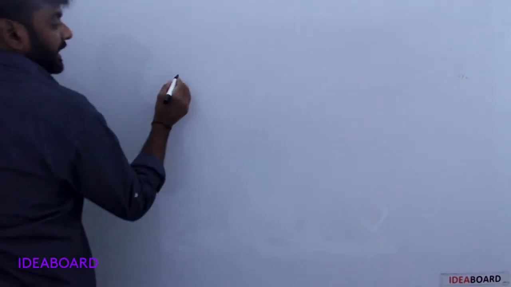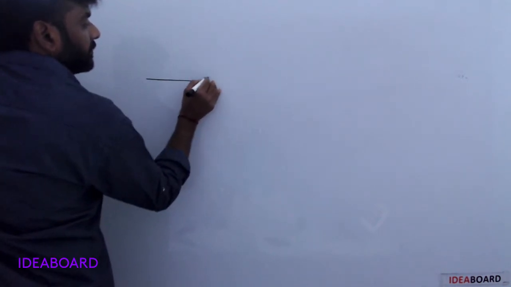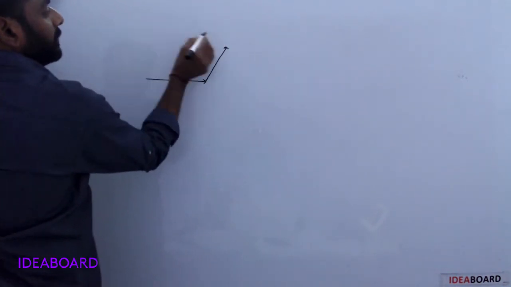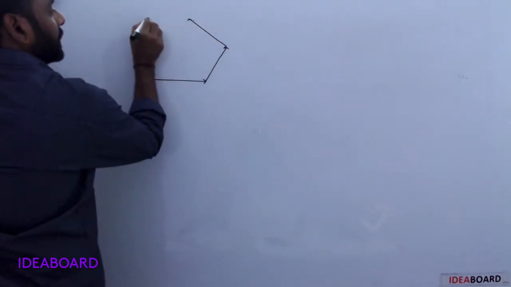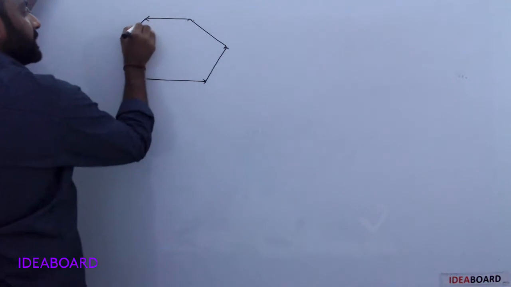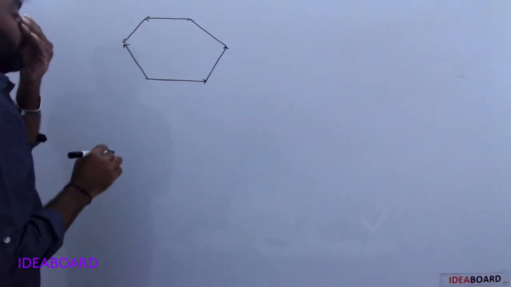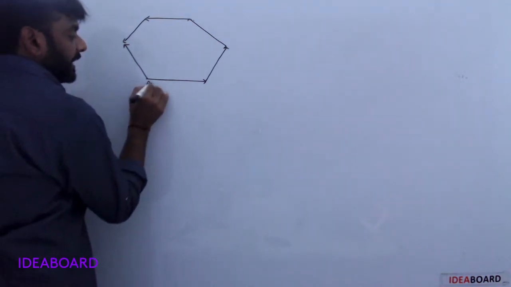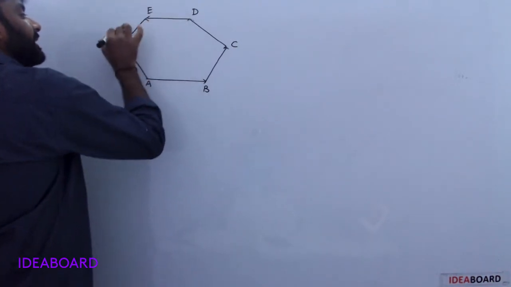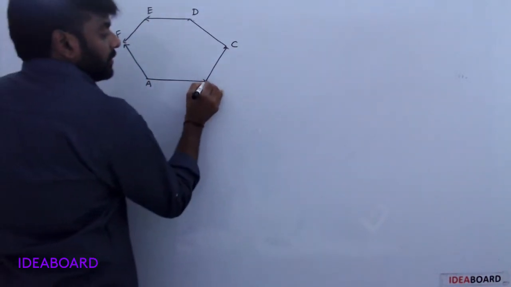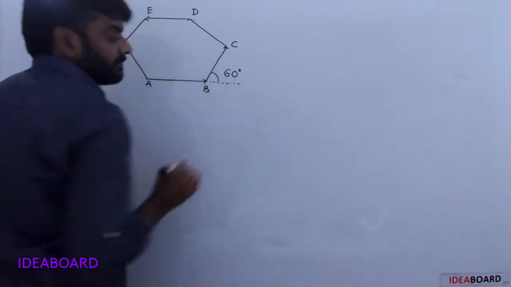So next, hexagon. You take a hexagon. All sides are equal, total number of sides is 6, with vertices A, B, C, D, E, F. The angle between these two vectors is 60 degrees.